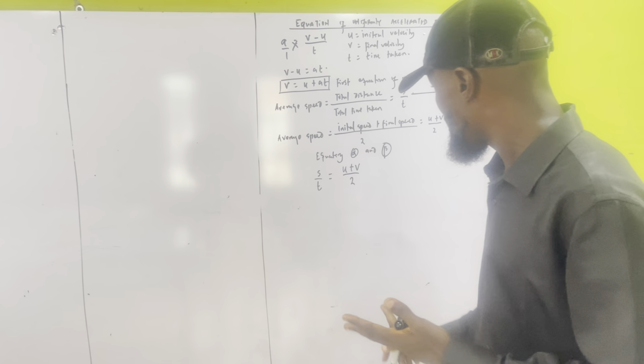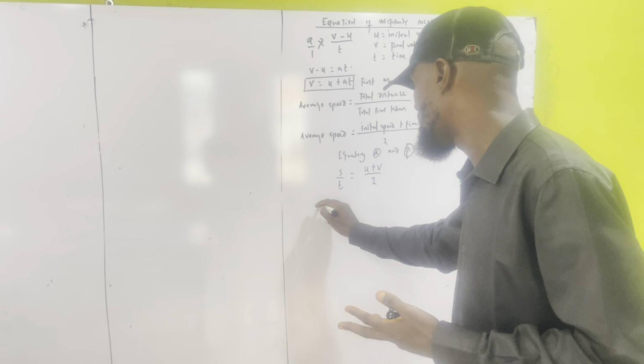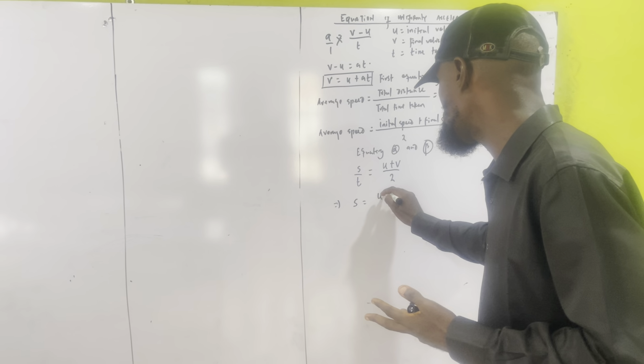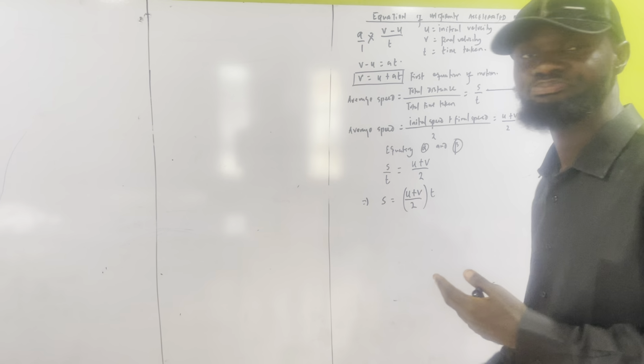Transferring t to the other side, s equals u plus v over 2 multiplied by t.